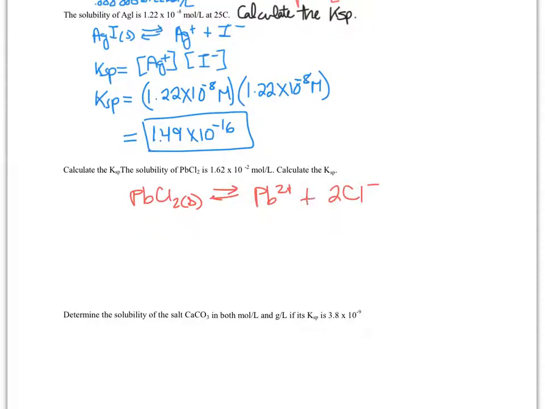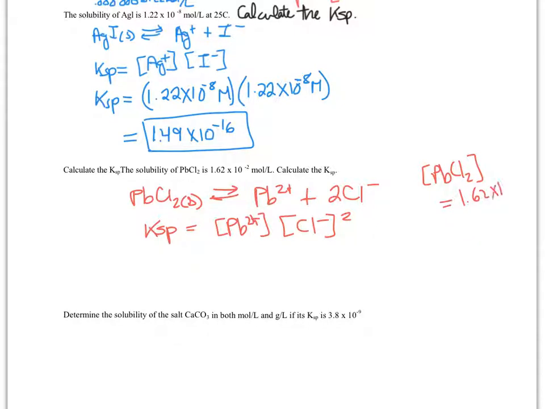We'll write our Ksp expression: concentration of the Pb2+ ion times the concentration of the Cl- ion, and then don't forget to square it. Now, they don't give us the concentrations of either one again, but they tell us that the concentration of the PbCl2 itself, if it was a saturated solution, is going to be 1.62 times 10 to the negative second molar.